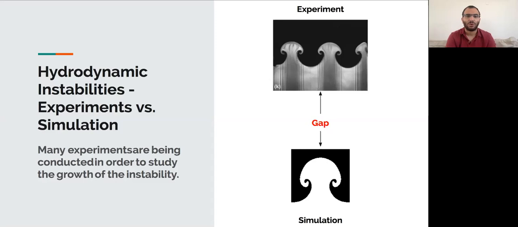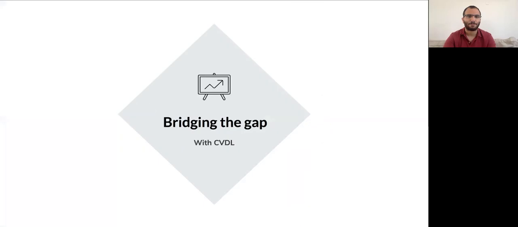However, due to unknown initial conditions, numerical errors, and more, it is not an easy task to reproduce the experiment. Of course, one can perform many simulations with different initial conditions and compare the results to the experiment. A way to bridge this gap between experiments and simulations is with computer vision and deep learning, or CVDL.